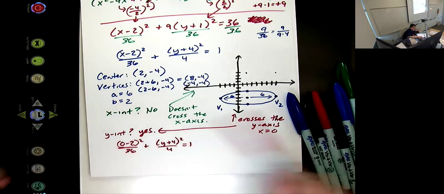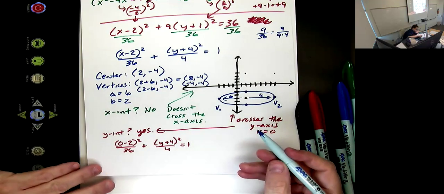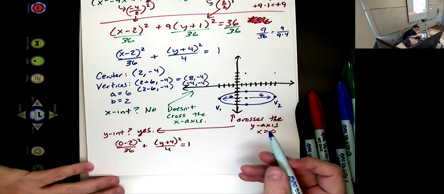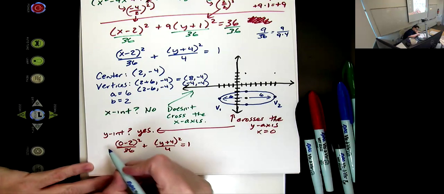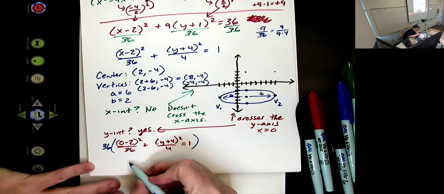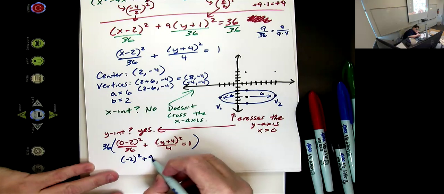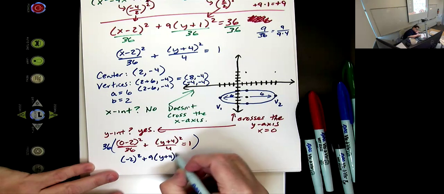Before I deal with any of that, I'm just going to multiply through by 36, so we don't have any fractions. I've got -2 squared plus 9 times y plus 4 squared equals 36.